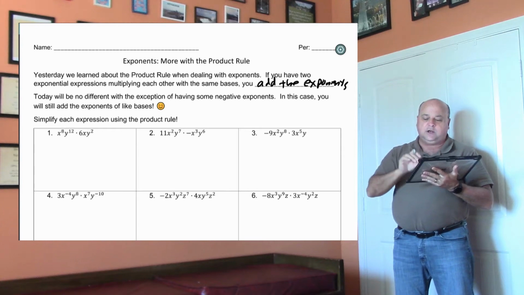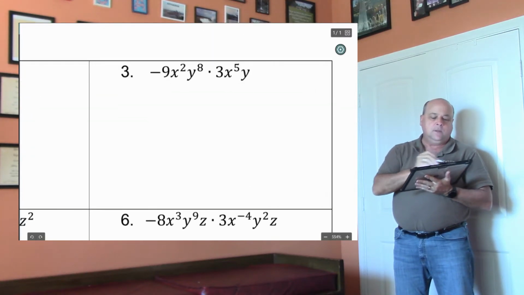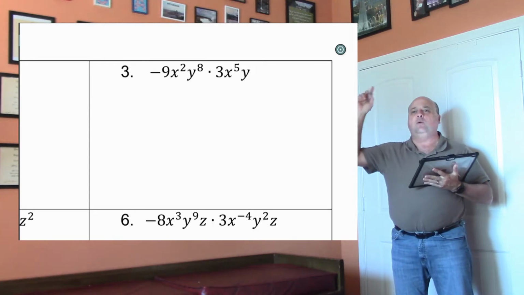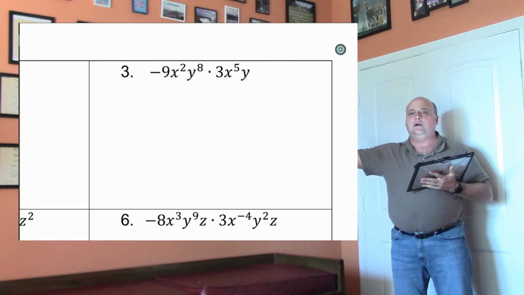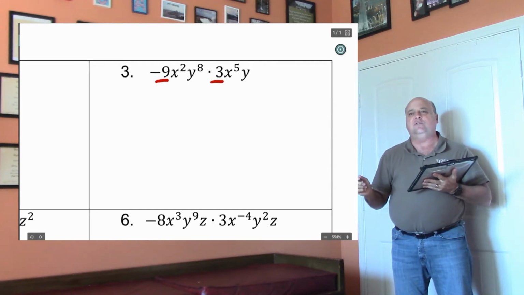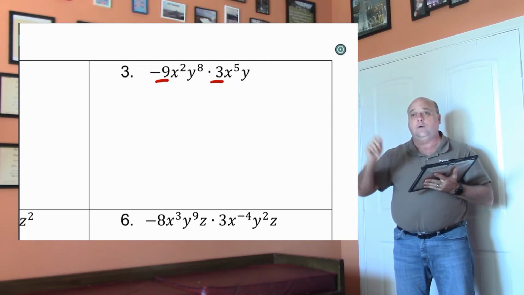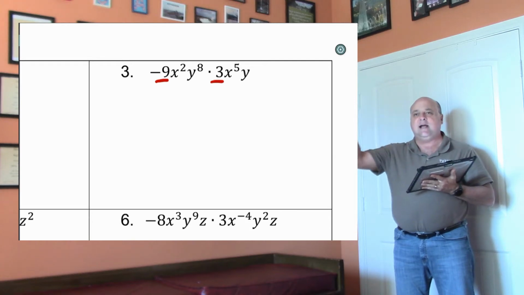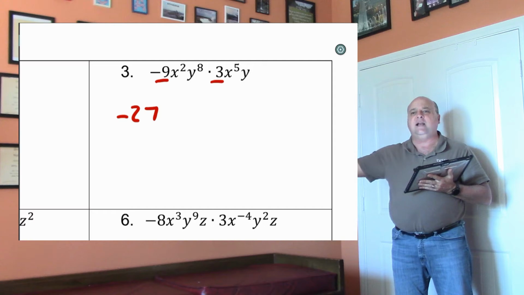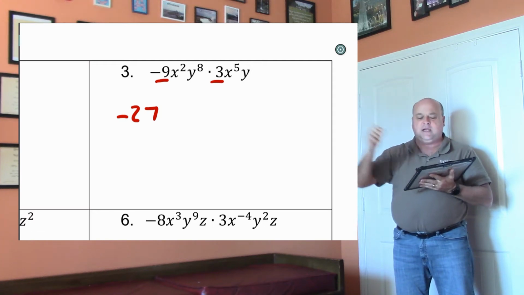So the first one I'm going to do for you is number 3. Remember we're going to do sign, number, letter, exponent. First, multiply negative 9 and 3. Those are our coefficients. Negative 9 times 3 is negative 27. Then I put the letters in alphabetical order and add up the exponents.